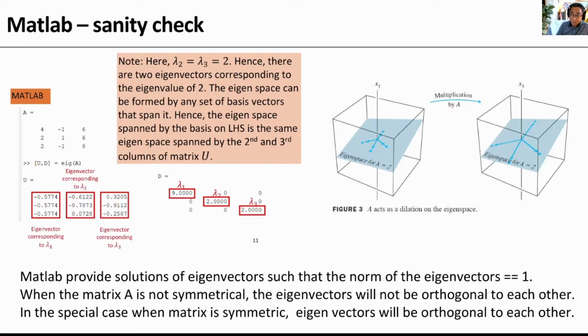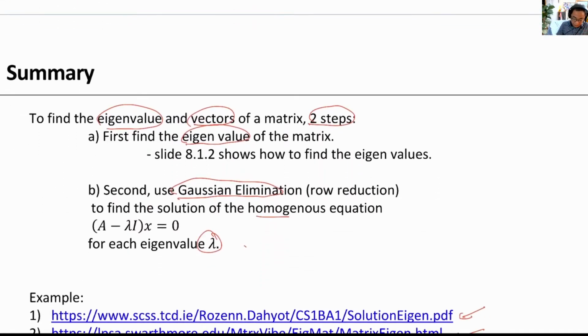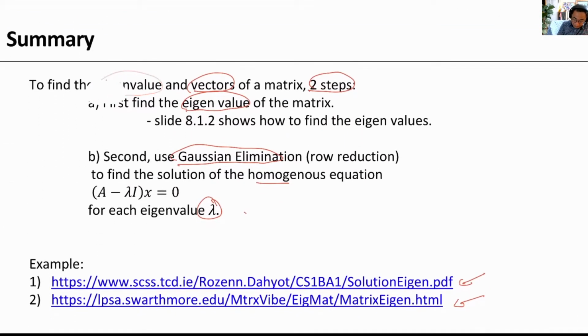Lastly, to summarize, in these few slides, what we did was to define what are eigenvalues and eigenvectors. And we saw that to find the eigenvectors, we have to do it in two steps. We first find the eigenvalues, and then find the eigenvectors by Gaussian elimination to solve this equation.